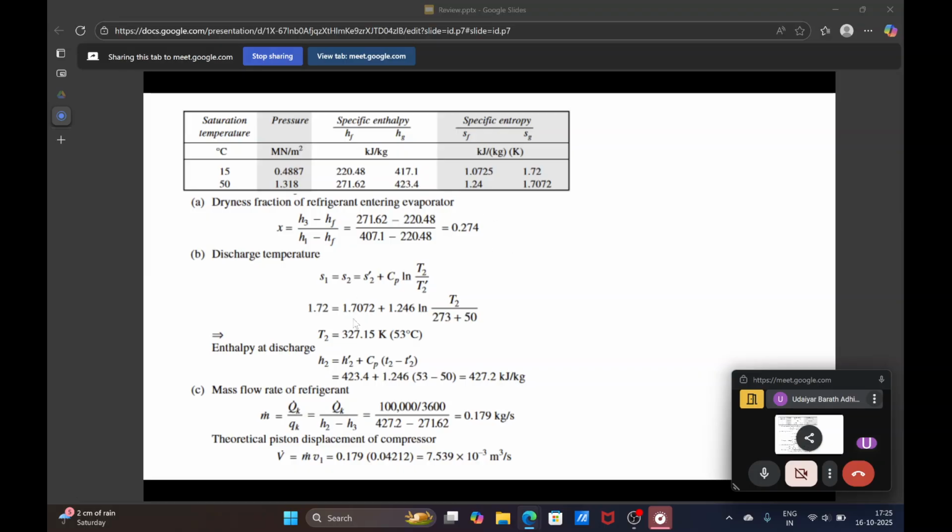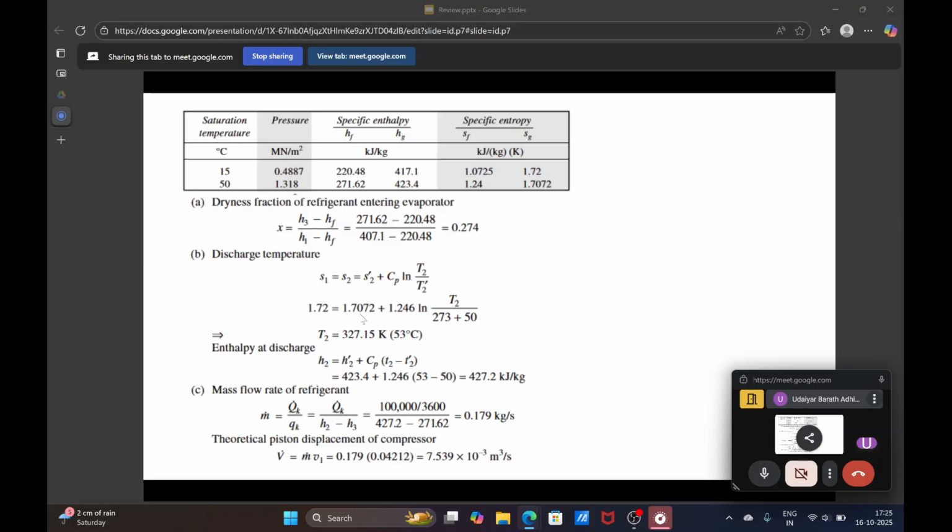So S2 is equal to the saturated vapor entropy plus the entropy change because of the change in temperature, assuming constant pressure. So you get S2 dash plus Cp ln T2 by T2 dash.